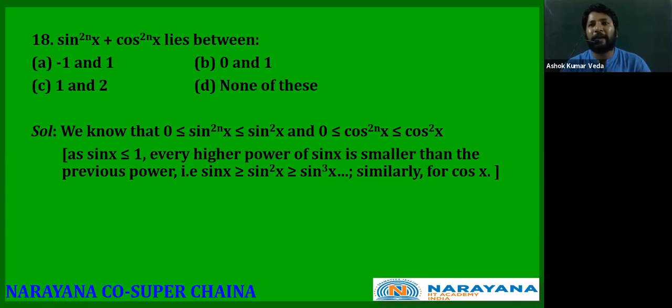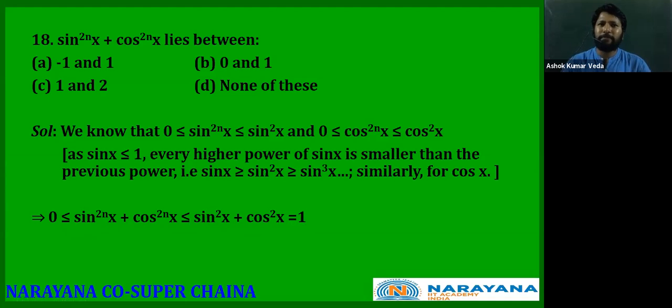And so finally, when I add these two inequations, what I get is 0 less than or equal to sine raised to 2n x plus cos raised to 2n x, which is then less than or equal to sine square x plus cos square x. And we know this value, sine square x plus cos square x, is actually equal to 1. And therefore, your entire expression must lie between 0 and 1, whatever may be the value of n, correct?